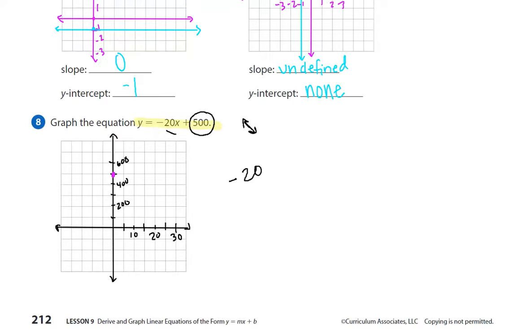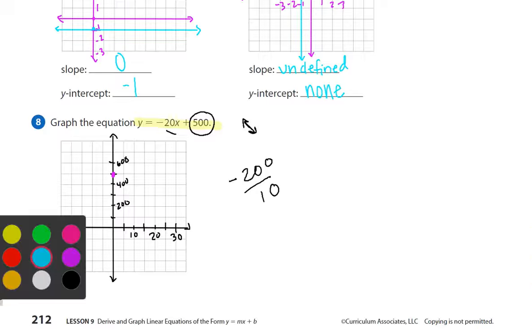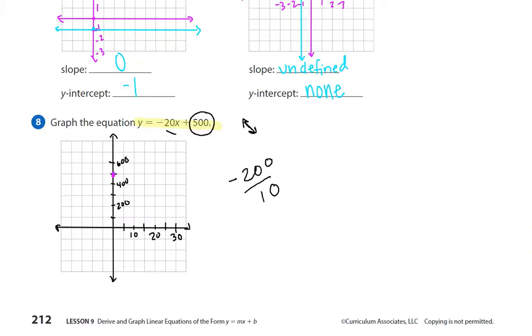But I can't go down 20, because remember, it's rise over run, then I'm rising negative 20, which is going down. But I can't go down 20, so I'm going to have to go down 200 and over 10. So I'm going to go down 200, so I'm at 500, 400, 300, and now I've got to go over 10. So there's 10. So there's my second point.